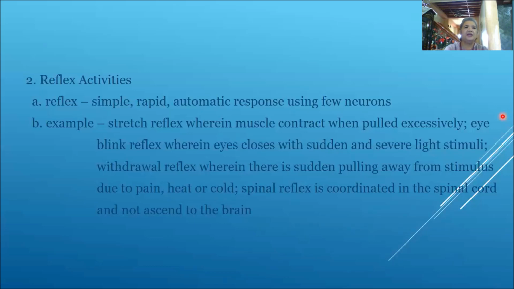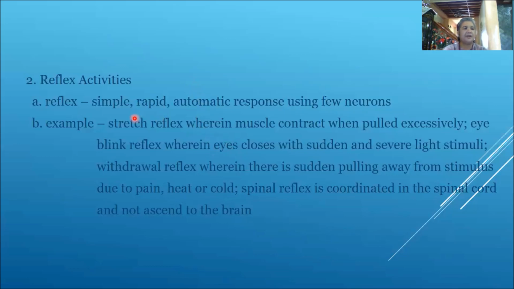And usually, in your reflex activities, the impulse will not go to the brain anymore, but will just end up in the spinal cord or even in the cerebellum before an action will be generated.